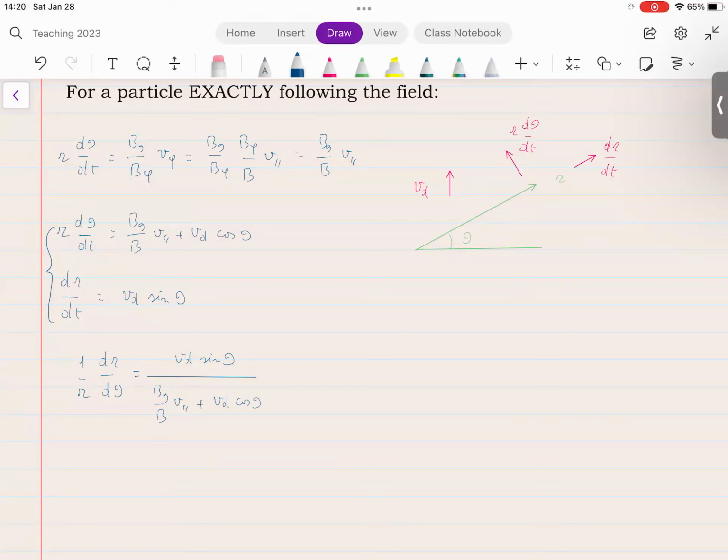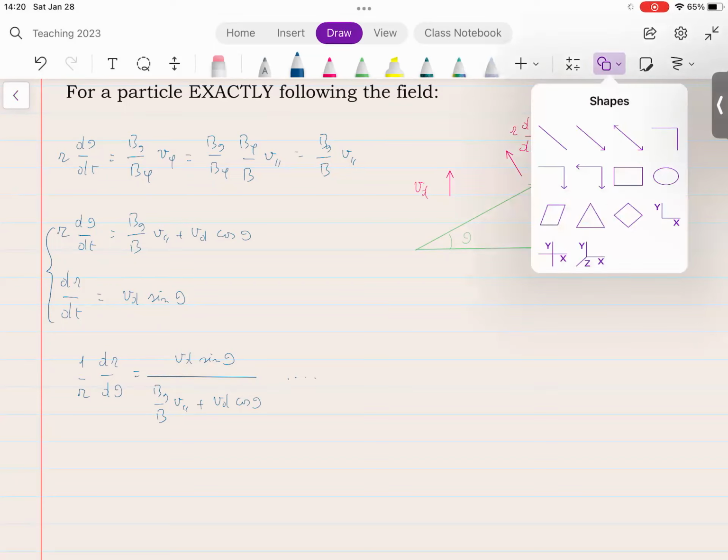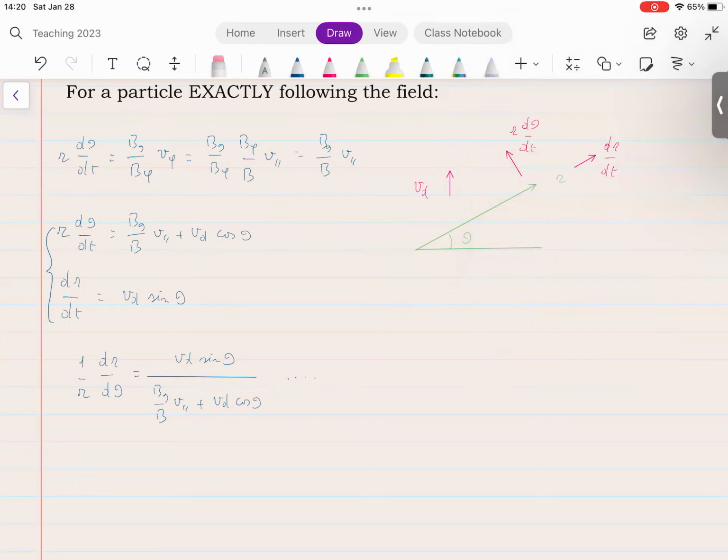And we'll see where that takes us in the next lecture. So I'm going to leave us with this, where we still got something that's dependent on v parallel, so we're not done, but let's see where this takes us.